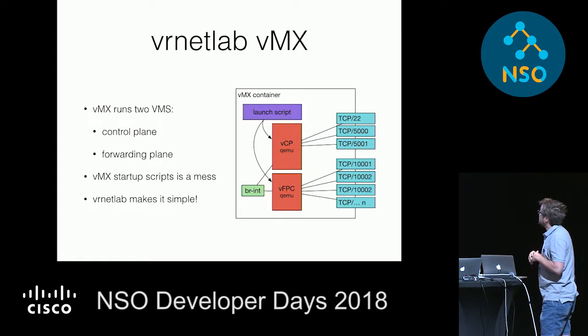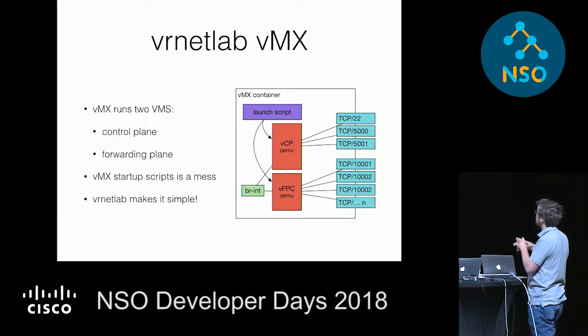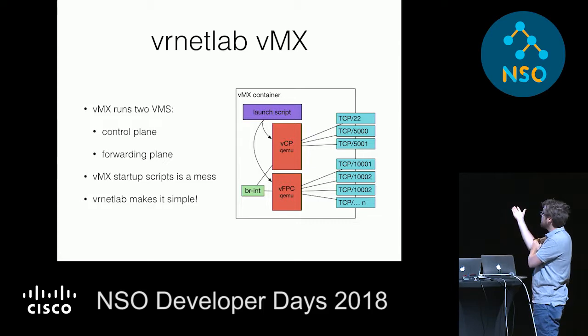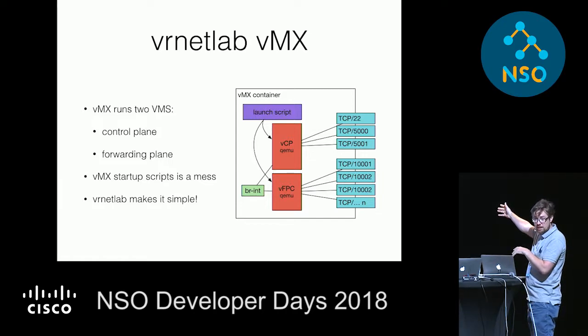We're going to go through this very quickly. So inside, I just want to show you sort of how it avoids or hides all of this complexity. If you look at something like the VMX, there are actually two virtual machines in there. You have the VCP, which is the control plane. You have the VFPC, which is your forwarding plane. And all of this is running in there. They're connected through a Linux bridge called brint, but since this is in a container namespace, it doesn't matter. We can still spin up many of these on the same computer, and they won't collide with each other.